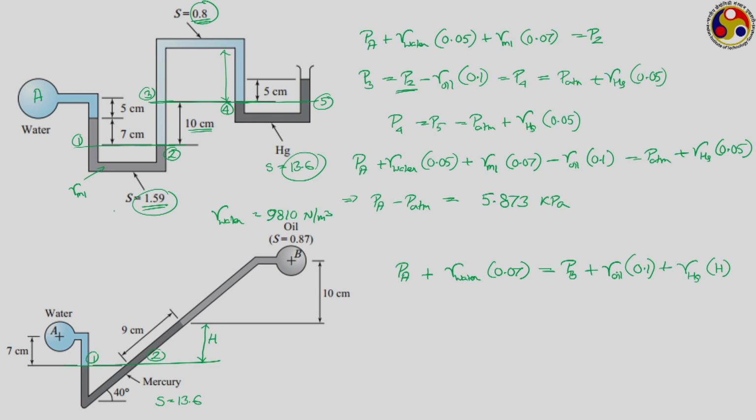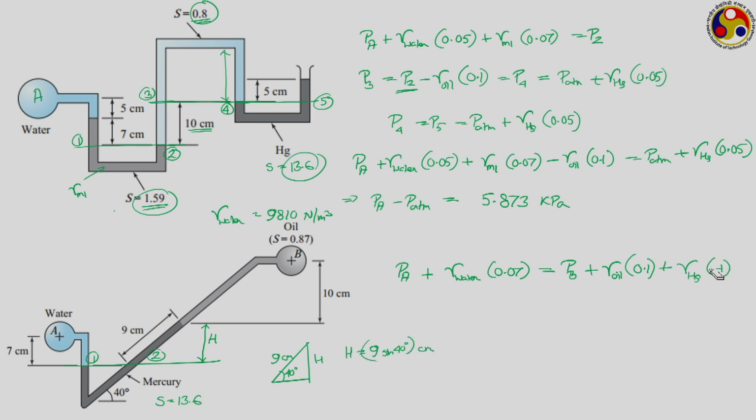How can you relate this to this 9 centimeter inclination length? Here you can talk about a triangle. This triangle is having a height of H, this length is 9 centimeter, and this included angle is 40 degree. So, how is H related to this 40 degree? We can easily say that H is equal to 9 into sine 40 degree, this much of centimeter.